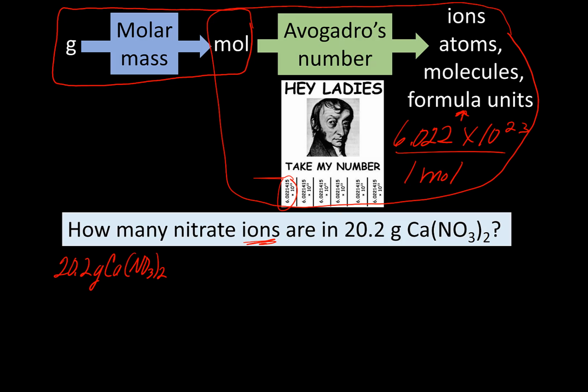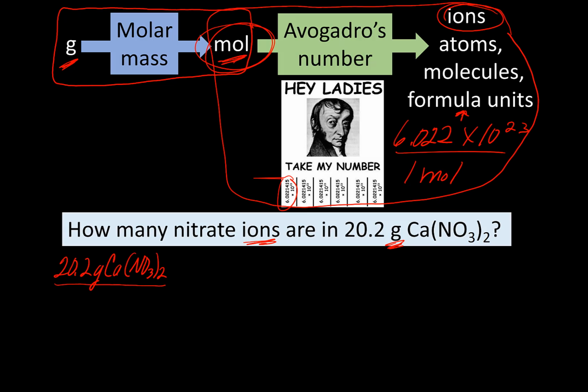So what you need to do, if you're starting with grams, so you can follow this exact schematic up here, to get from grams to ions, you need to kind of go through moles. So you first have to go from grams to moles, and then you can go from moles to ions. You can't go directly from grams to ions.